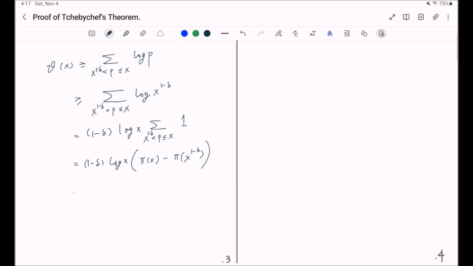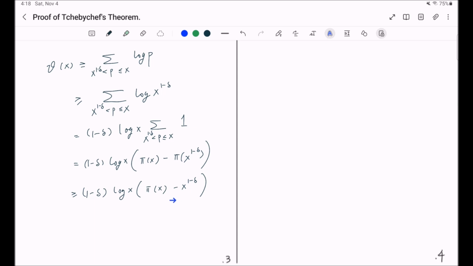And the last line can be further bounded below by, now we can simply replace this pi of x to the 1 minus delta by x to the 1 minus delta, because it is obvious that the pi of something is less than or equal to that something.